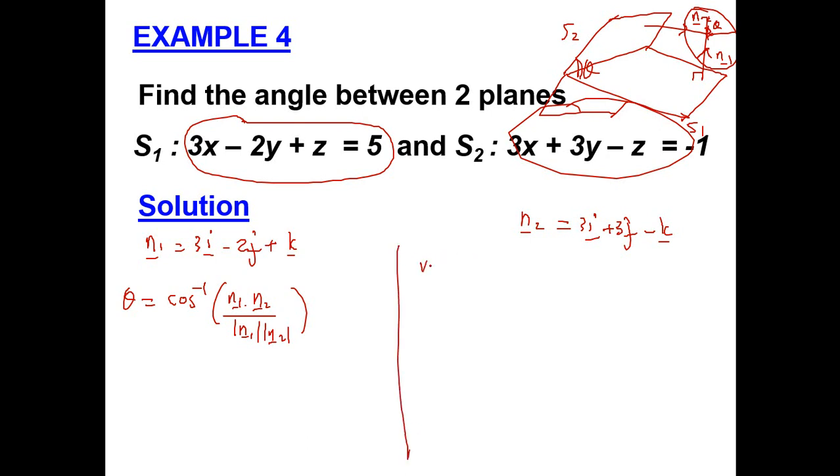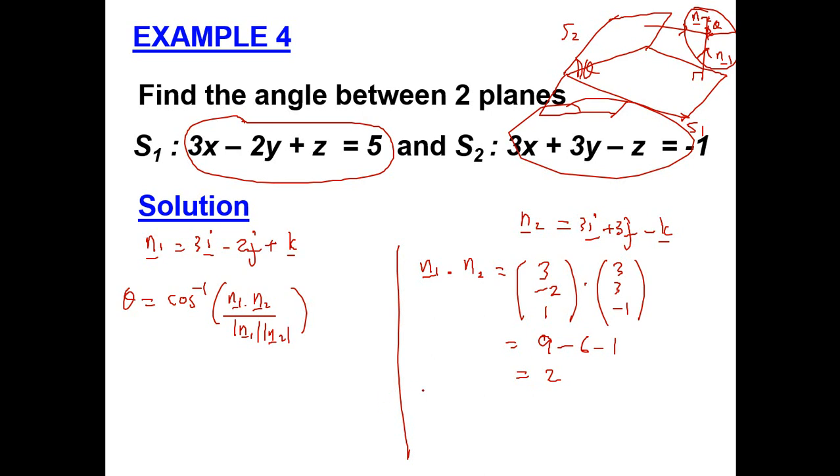N1 dot N2 is 3, negative 2, 1 dot 3, 3, negative 1, which is 9 minus 6 minus 1, equal to 2.